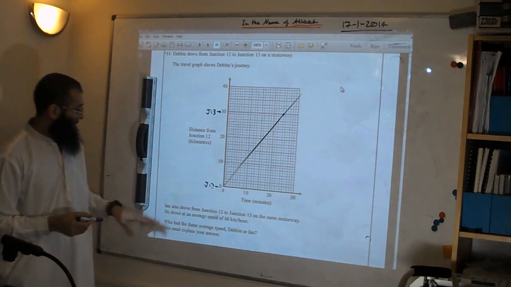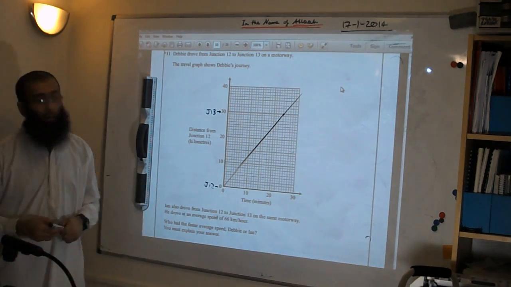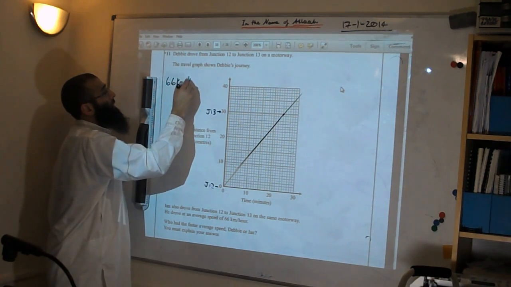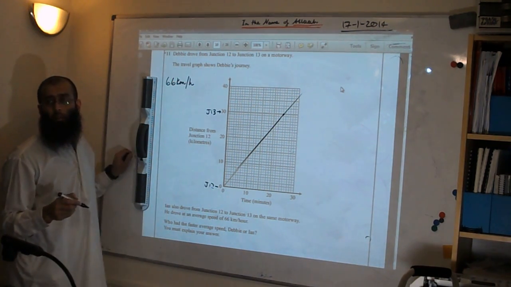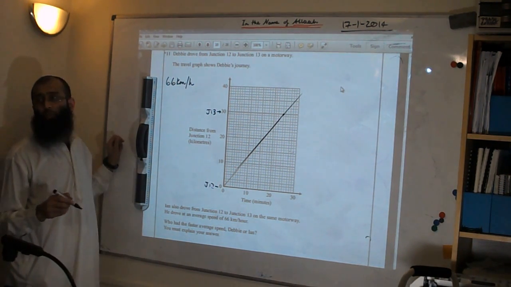Now, Ian drove at an average speed of 66 kilometers in 1 hour. What we need to do first is work out how fast she was traveling.